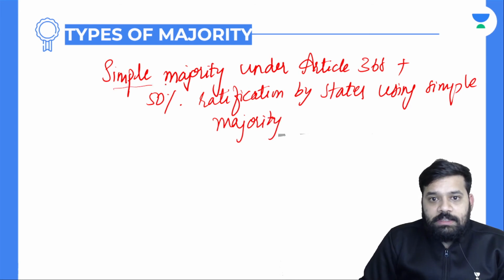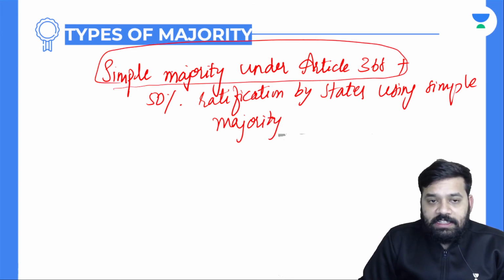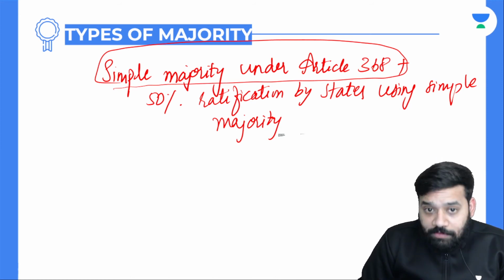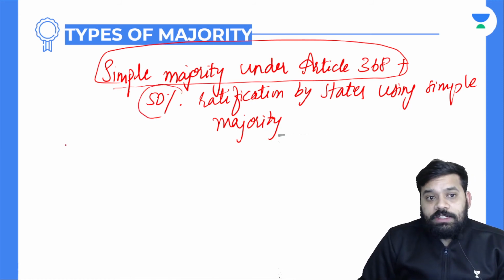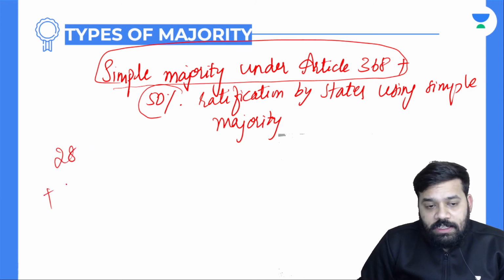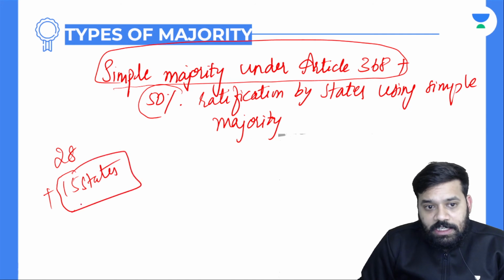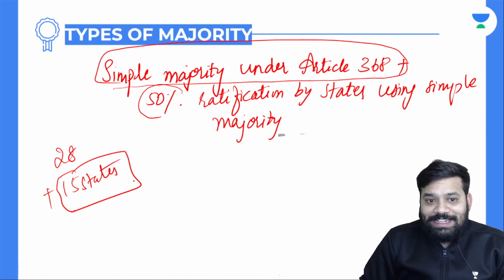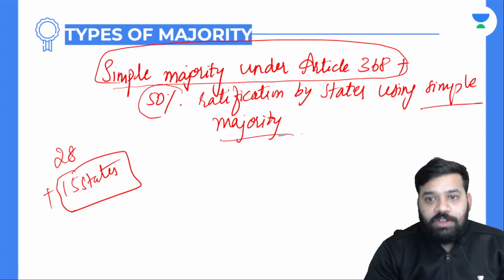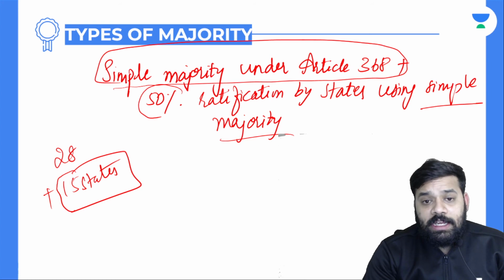We have already seen the majority under Article 368 in the previous one. After this, there should also be 50% ratification by the states. There are 28 states, so this requires at least 15 states. 15 states should pass the bill in the state legislative assembly, and these states should pass it by a simple majority.